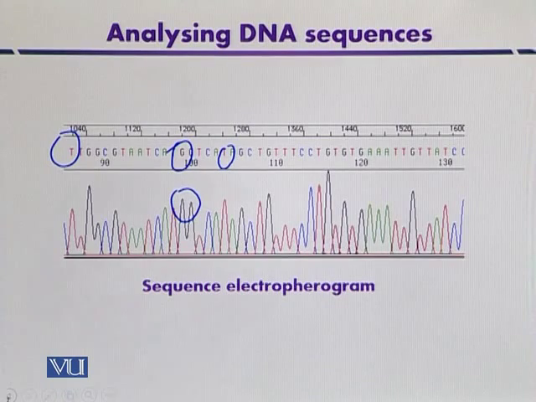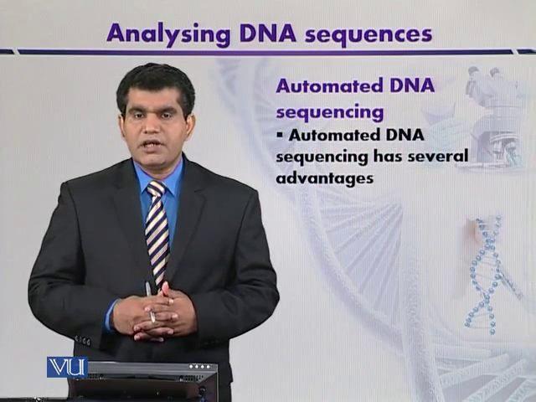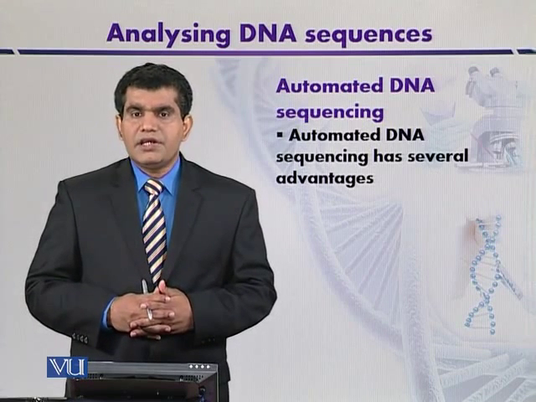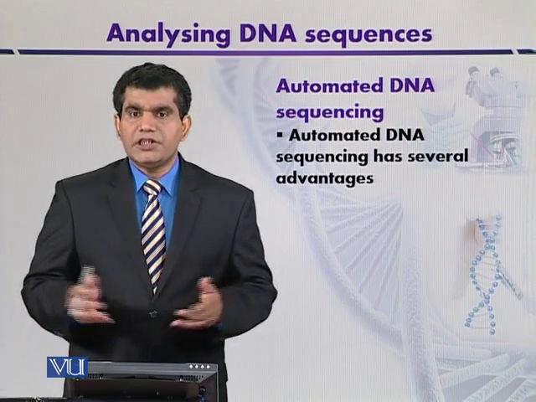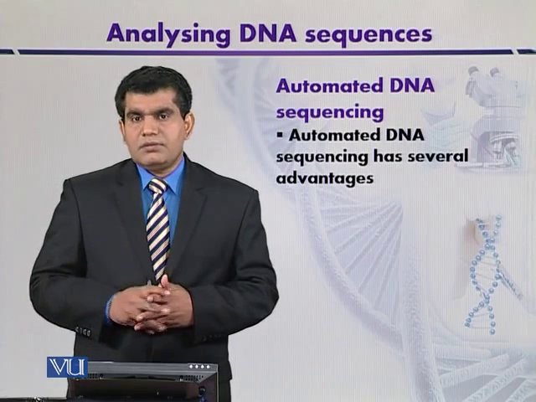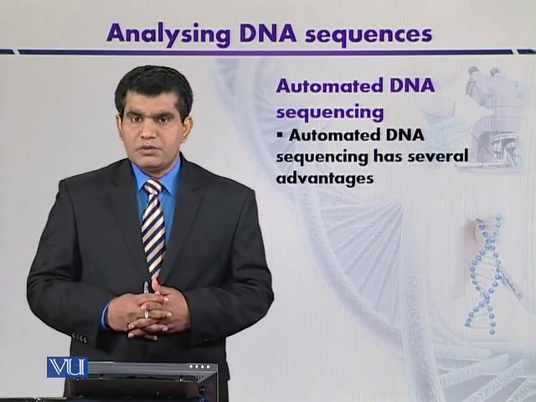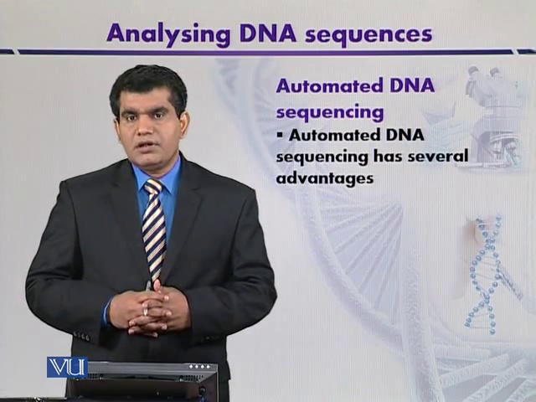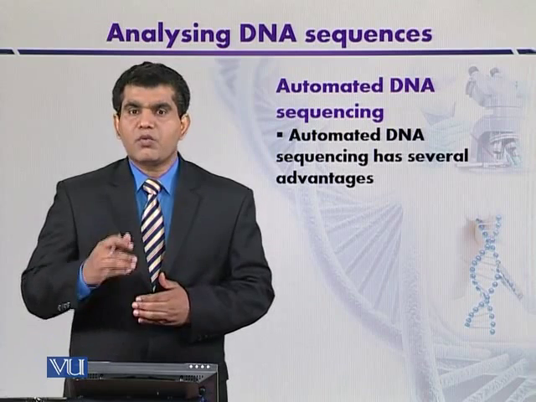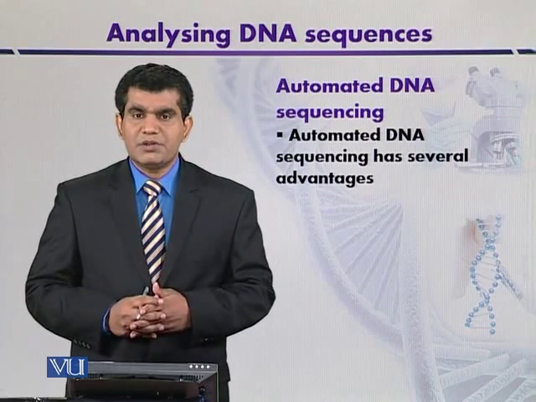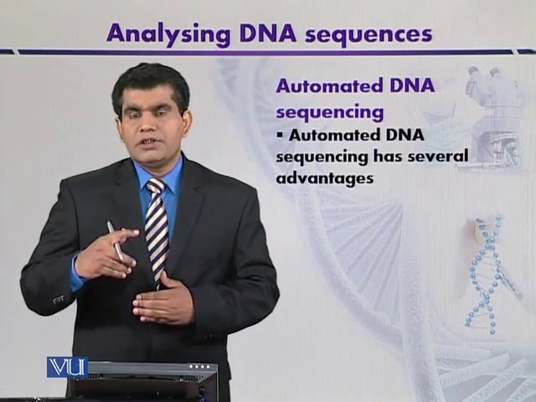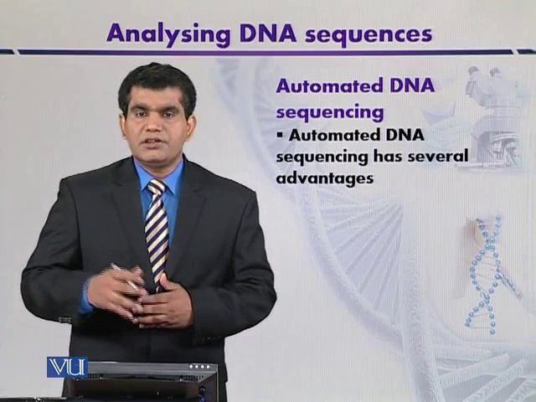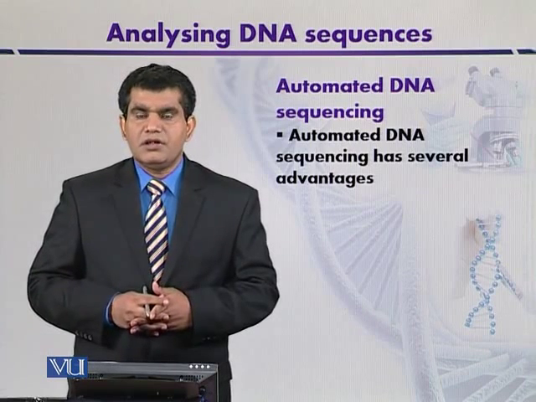gel. Automated DNA sequencing has several advantages. As I told you, in case of manual sequencing like the chain terminator method, autoradiographs are produced, and even some good laboratories face problems because the quality of the autoradiograph that is produced is poor, and to read the different segments in comparison with the standard lane of the nucleotide is difficult.